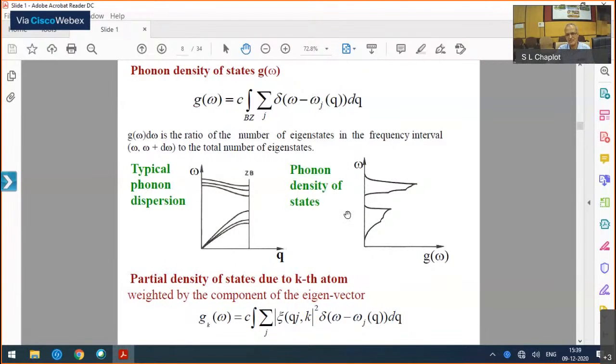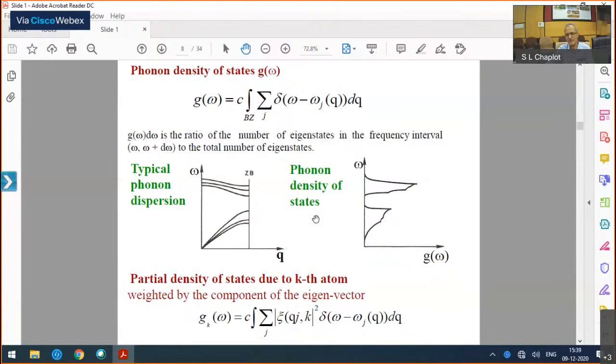I will not go into further detail here, but what I wish to say is that the density of states starts from 0, and depending on the system, typically goes as omega squared, then it peaks. These peaks are sometimes called critical points, where you get fairly high intensities. These have some relevance.